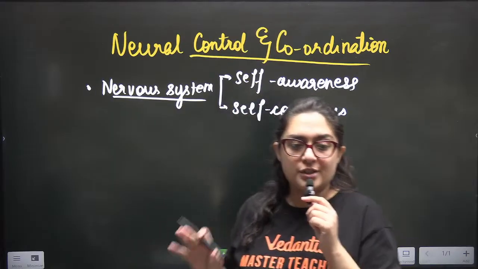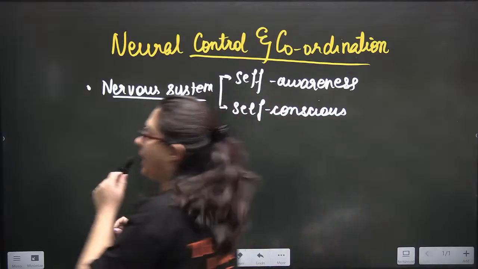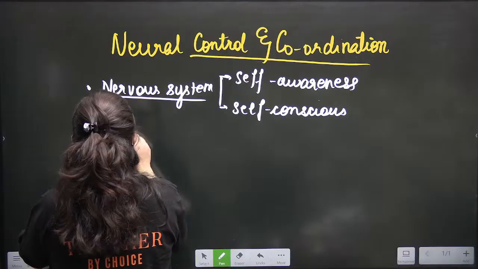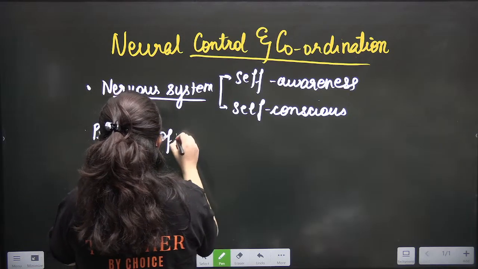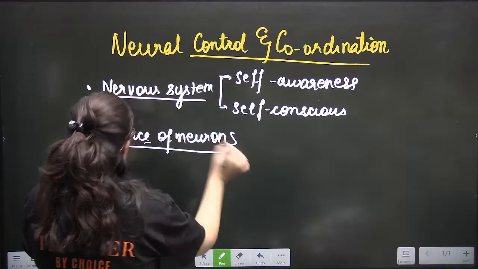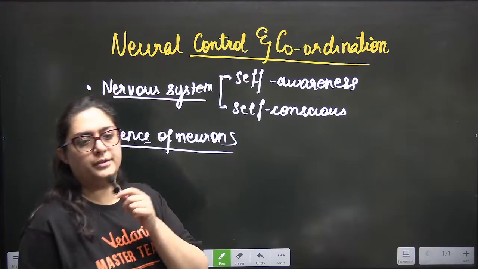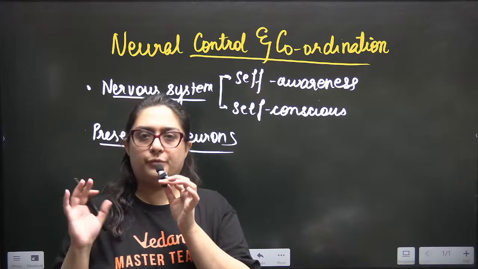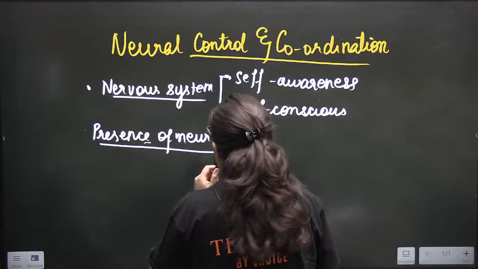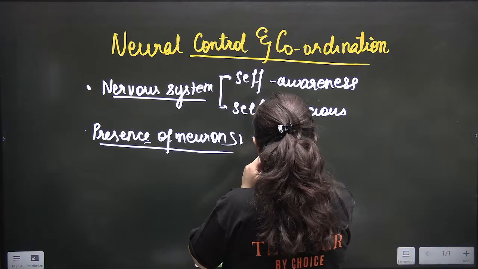So, our nervous system actually deals with the presence of neurons. Okay, so neuron is a complex structure.